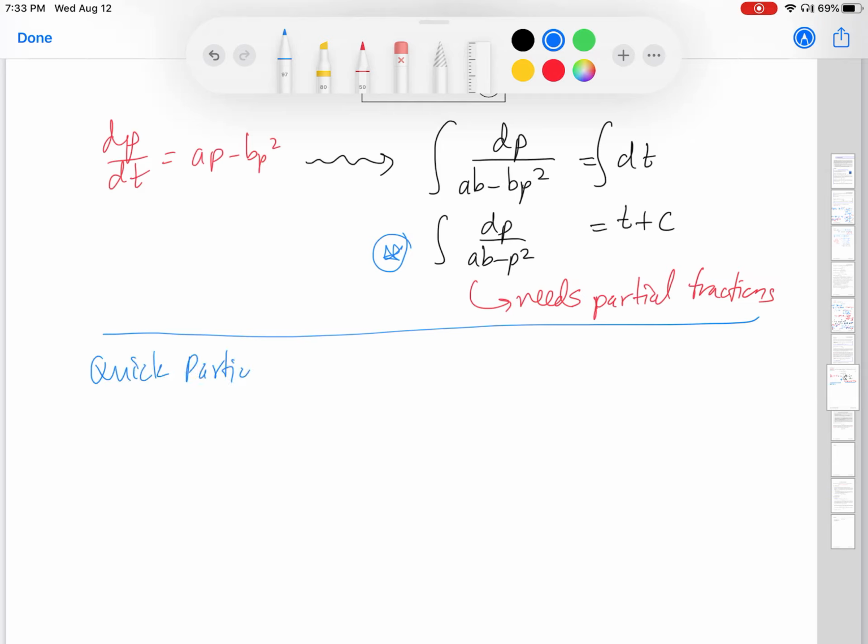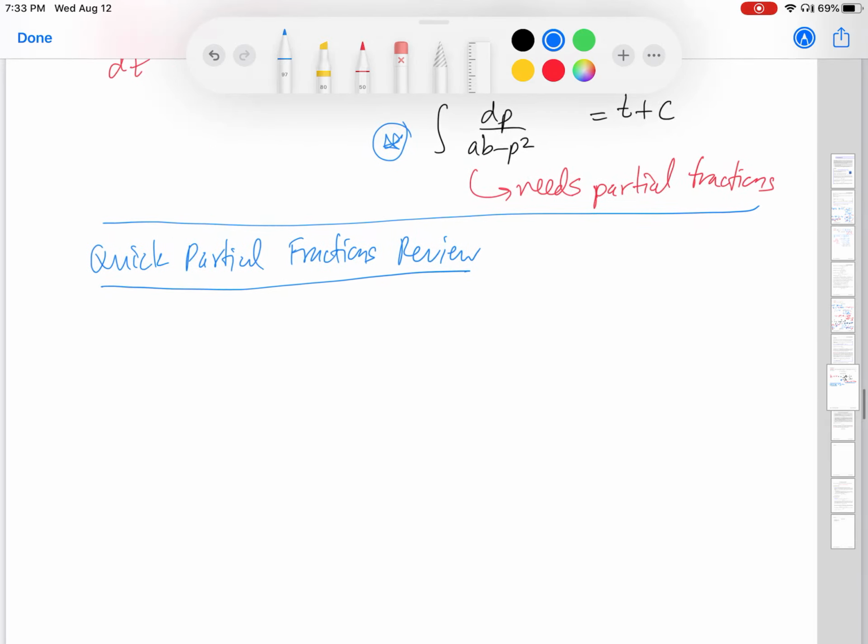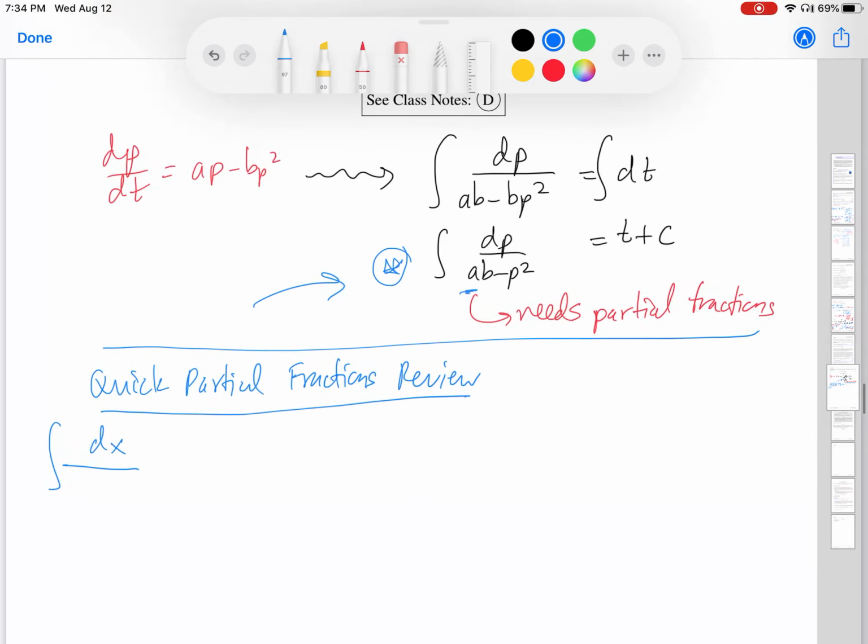Partial fractions review. I'm going to keep the review as simple as possible, in the sense that I'm only going to remind you of the bare minimum that we need to solve this problem. So let's change the problem a little bit to make it a bit more concrete. In the integral that we are trying to do up here, I just realized that I forgot the b down here.